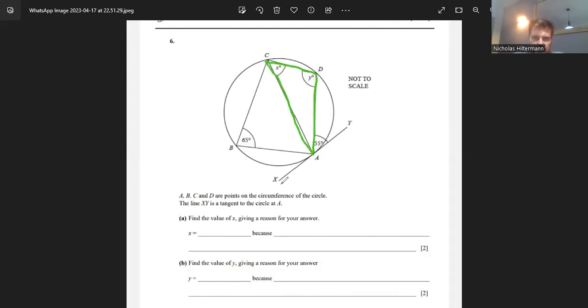When your tangent makes a sailboat, then that is equal to that. So x is equal to 55 degrees. Now we don't say sailboat theorem, it's the tangent chord theorem.